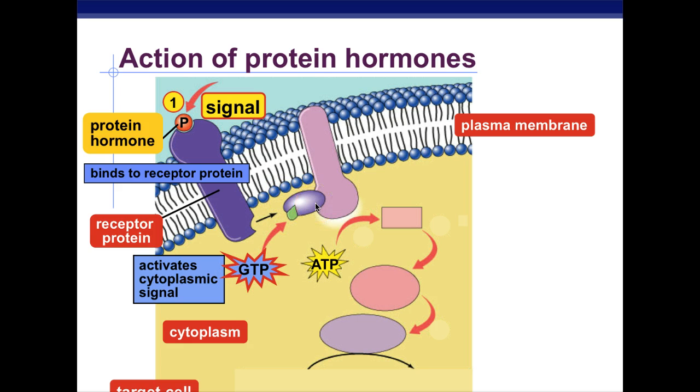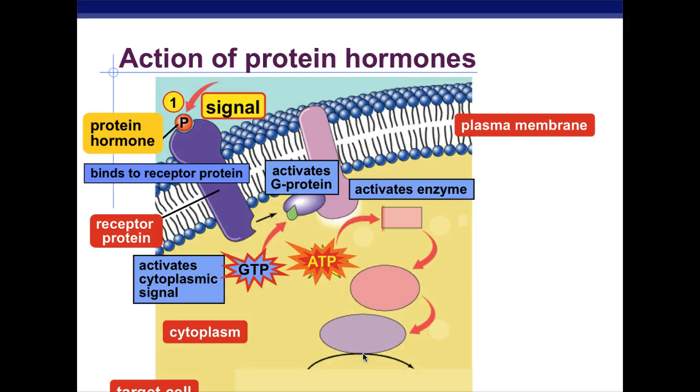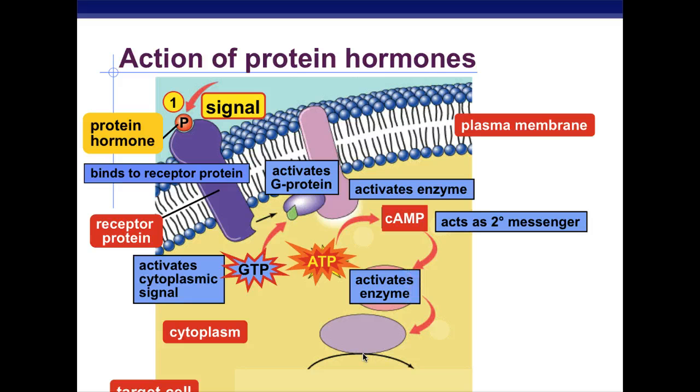And don't worry about names of proteins. All you really need to know is a molecule is received by a receptor, which then activates a series of proteins within the cell, which activates an enzyme, which activates an ATP, which is going to activate another enzyme, which activates another enzyme, so on and so forth.